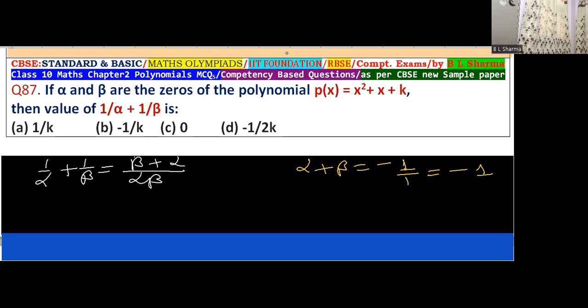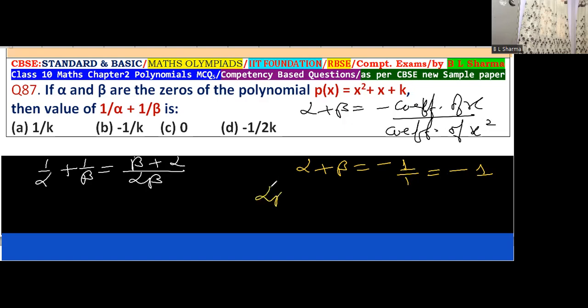Alpha plus beta is given by sum of zeros is equal to minus coefficient of x upon coefficient of x square. Here coefficient of x is 1 and coefficient of x square is 1, so alpha plus beta is minus 1.